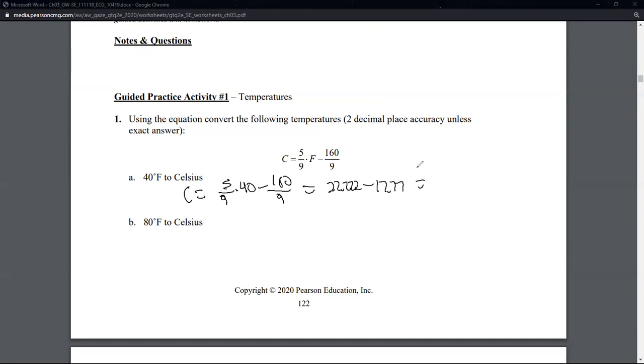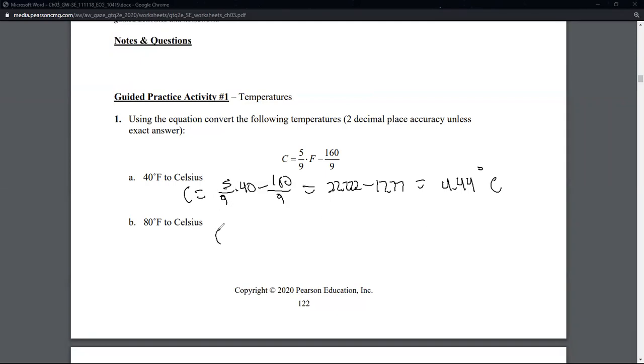And if you actually just do that all in one, you should get 4.44444 when you do that subtraction. We're going to round this to 2 decimal places because that's what they tell us. So 40 degrees Fahrenheit is 4.44 degrees Celsius.